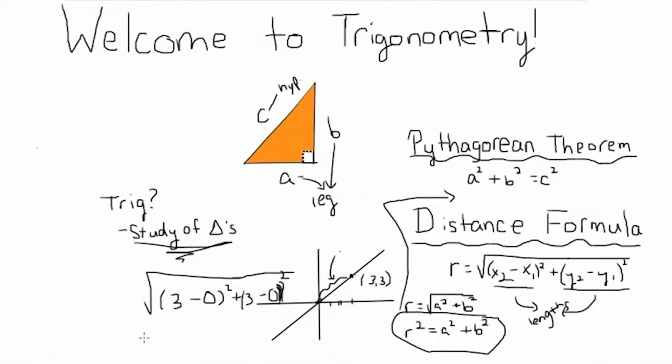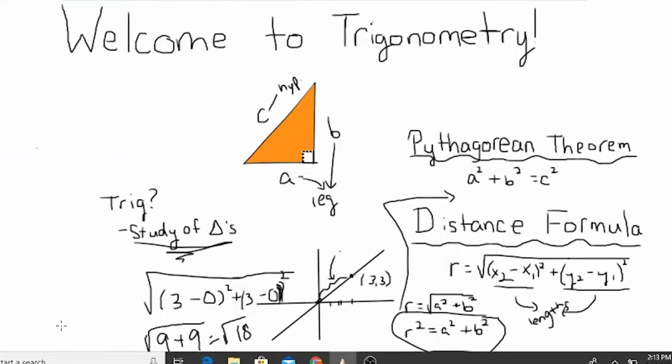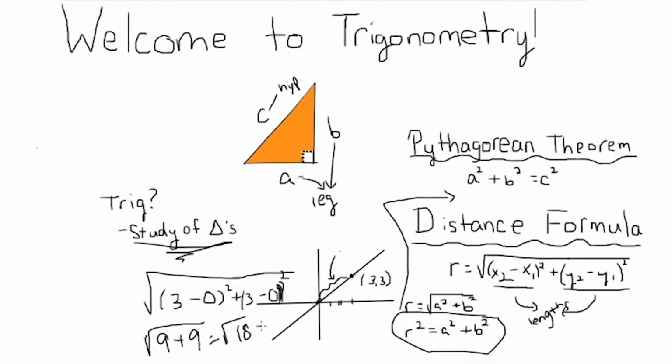So with this, we'll get the square root of 9 plus 9, which is equal to the square root of 18, and this is equal to the square root of 9 times the square root of 2, so it would be 3 root 2. This is the length between the origin and coordinate 3, 3. And as you might see, there's a special correlation between the two legs and the hypotenuse.